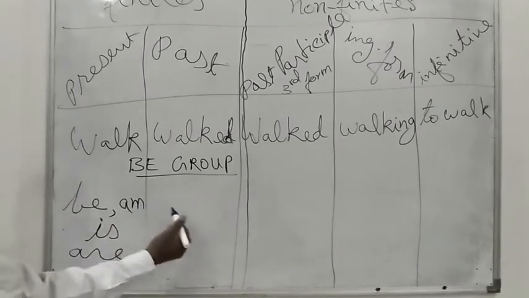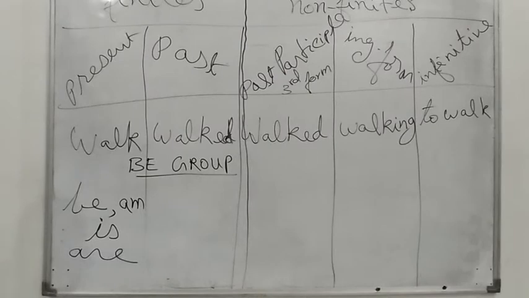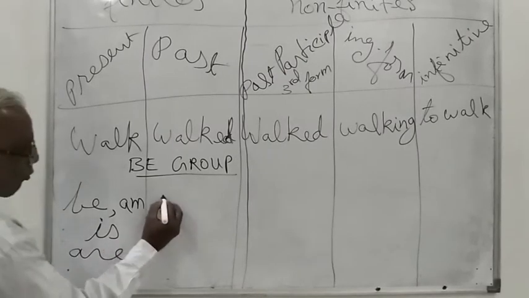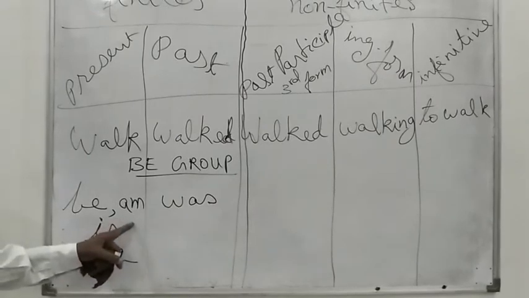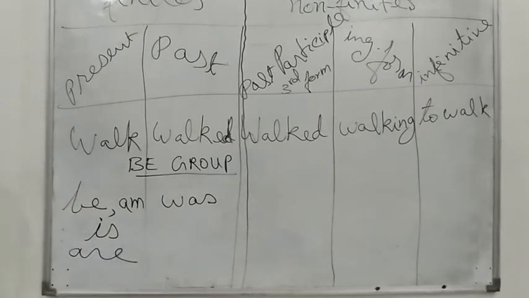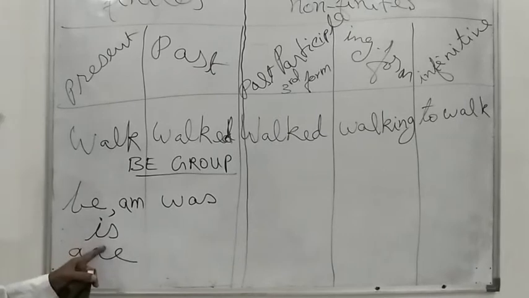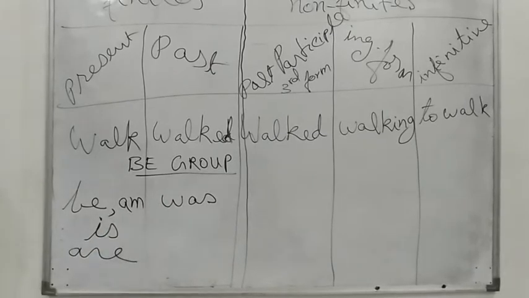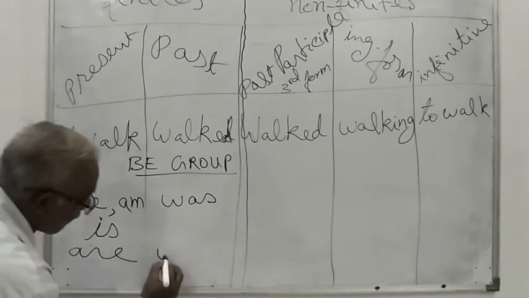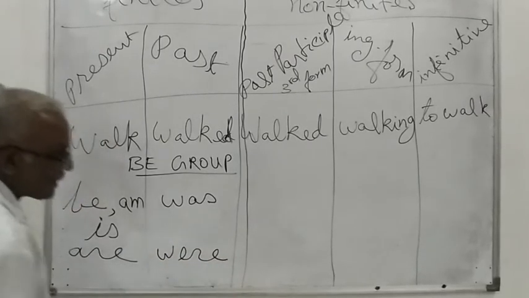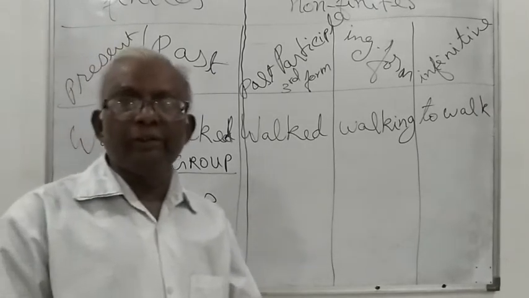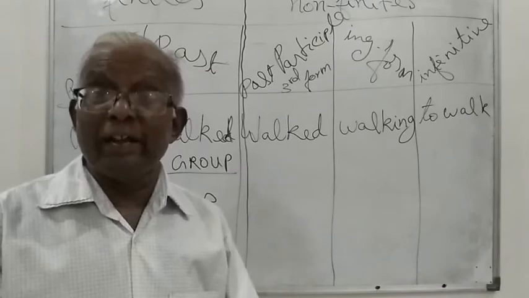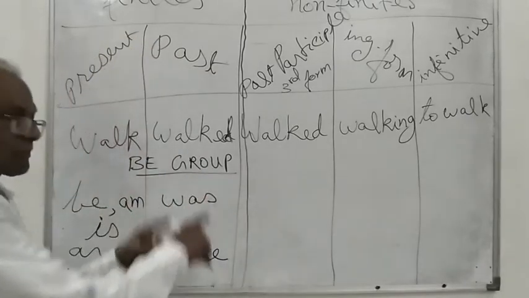Now the past tense. The past tense of be is was. So also past tense of am is was. So also past tense of is was. And the past tense of are is were. Right? They don't tell of an action, but they tell more of the time, that it is past.